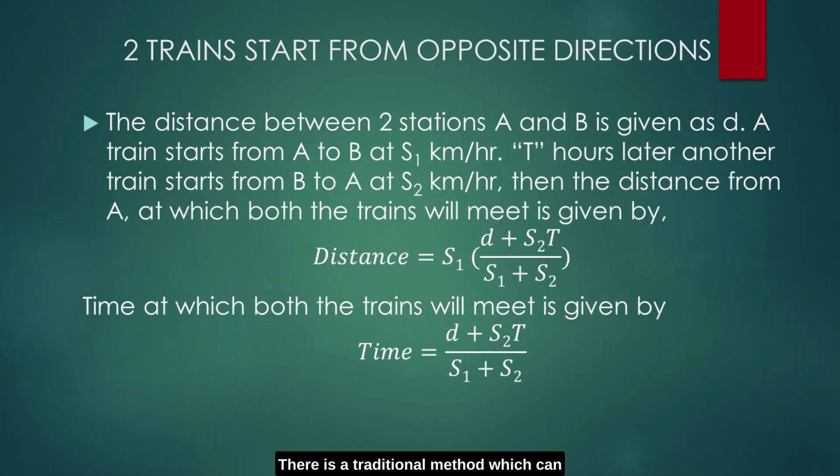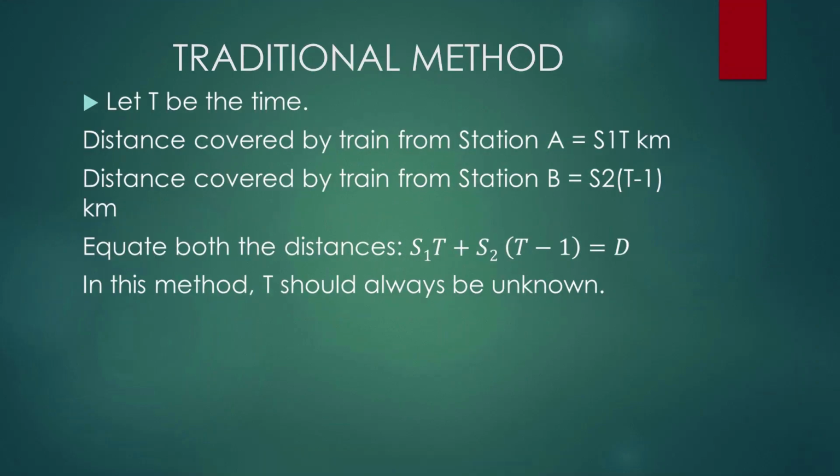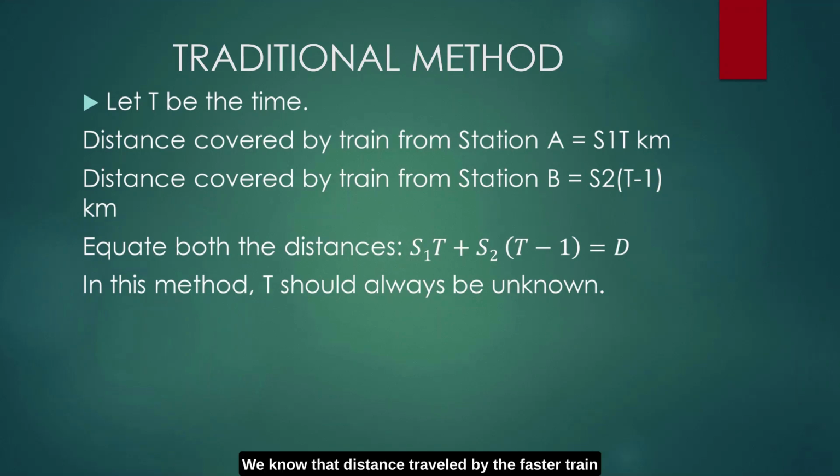There is a traditional method which can simplify the understanding of this concept. Let t be the time taken at which both the trains meet with each other. We know that distance traveled by the first train is equal to speed of the first train multiplied by time, which we assume as S1t.